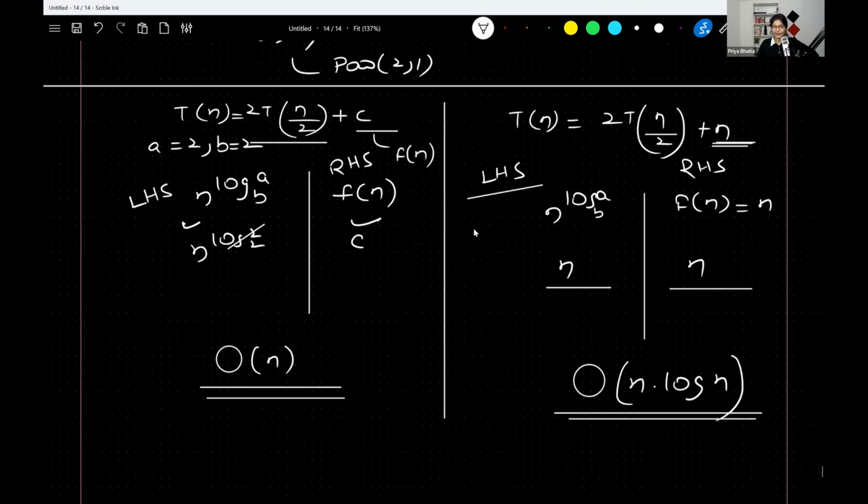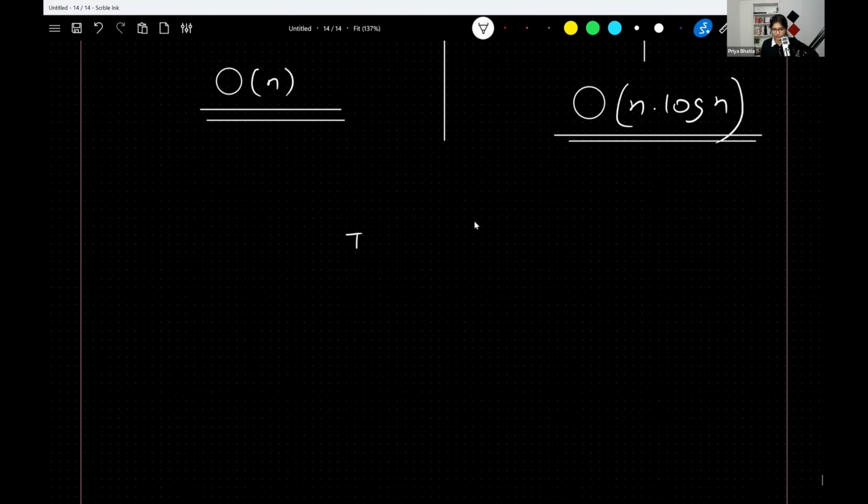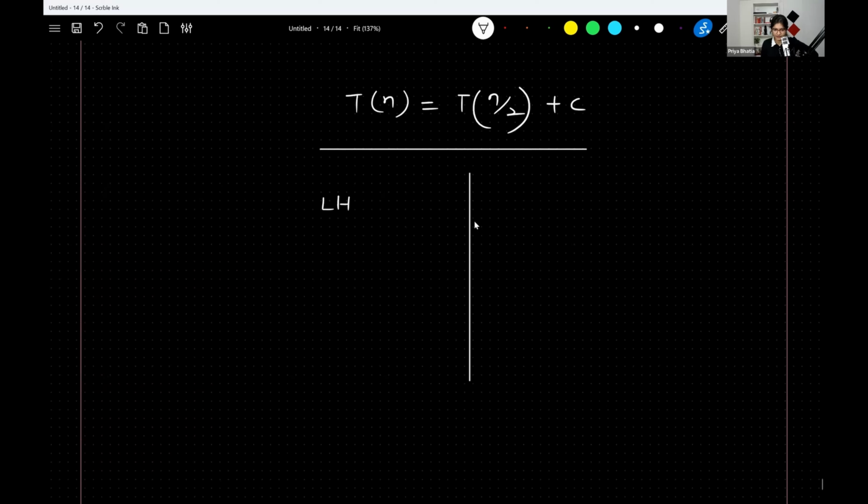So this is one of the ways. For example, for binary search, the recurrence relation will look like T of n by 2 plus C. If you try to solve the left-hand side, and the right-hand side you don't need to solve, it's constant. On the left-hand side, A is 1, B is 2. So what is the value of log of A base B, log of 1 base 2?